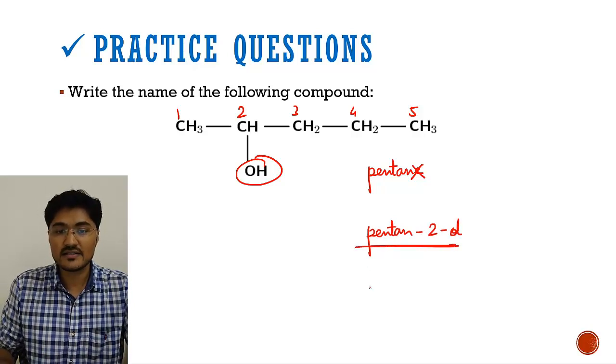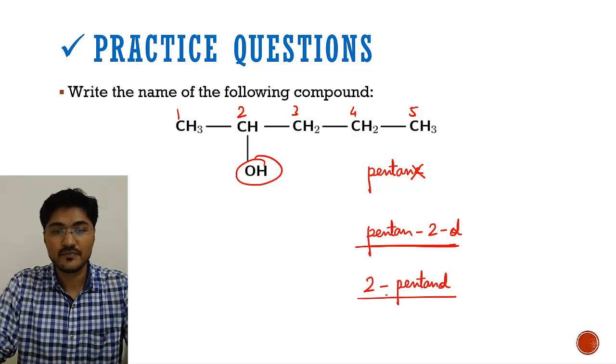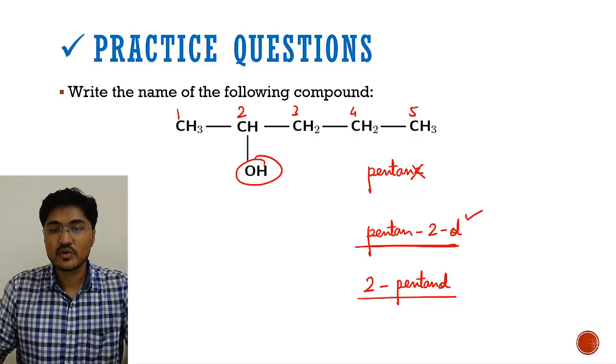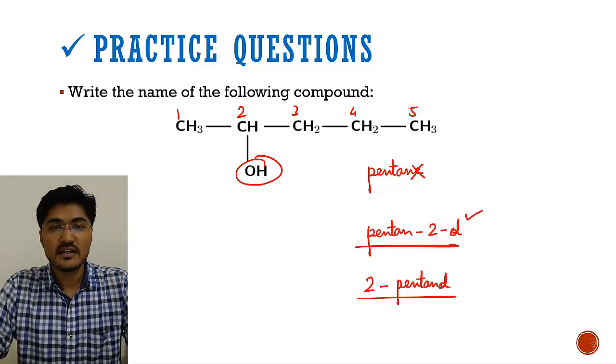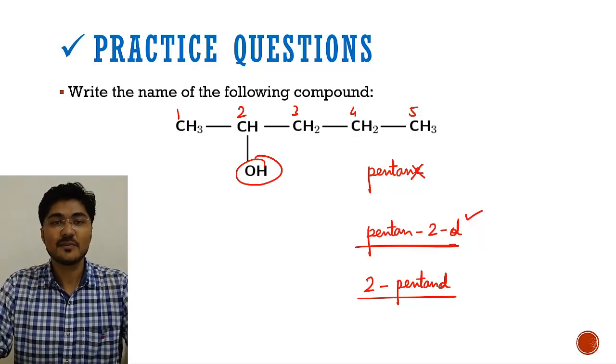That's your final answer, and you can as well represent this as 2-pentanol. This is also right method, but I would suggest rather to use this method, because when the nomenclatures become complex, then it will help you.